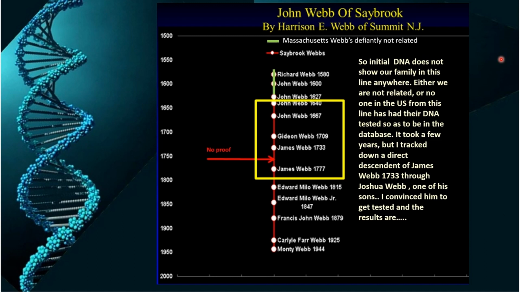It took a few years, but I tracked down a direct descendant of James Webb, 1733, through Joshua Webb, one of his sons. Now, there's plenty of documentation that showed Joshua was the son of James Webb. I convinced him to get his DNA tested, and when the results came back, I compared them here.